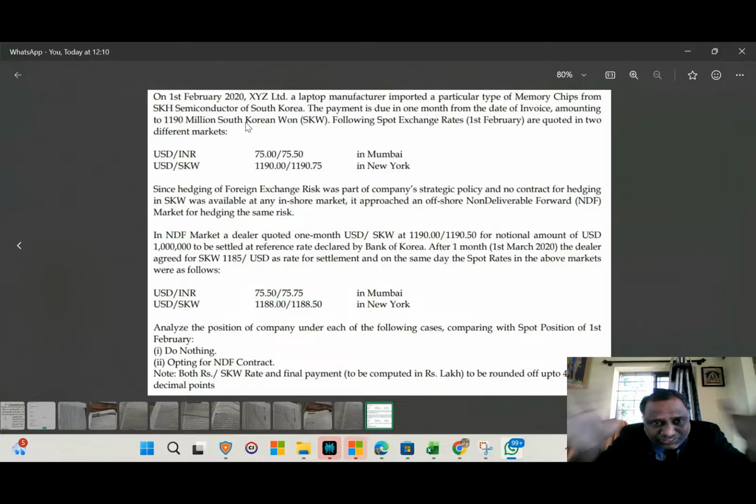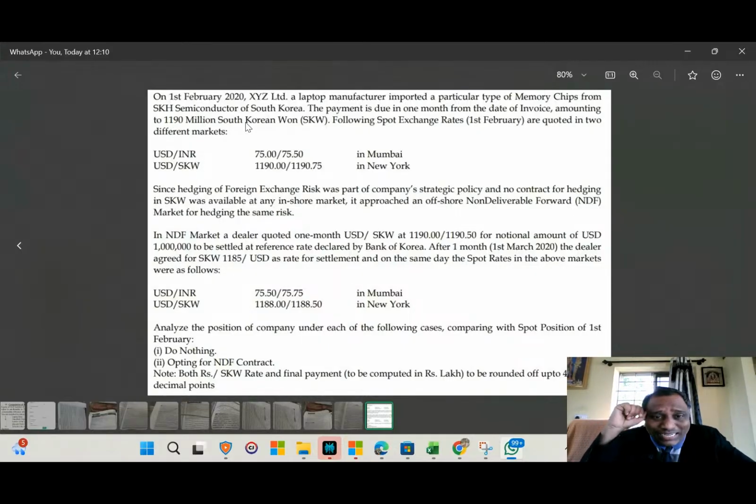Since hedging foreign exchange risk was a part of the company's strategic policy, and no contract for hedging in SKW, South Korean won, was available in any onshore market, it approached an offshore non-deliverable forward market for hedging the same risk.